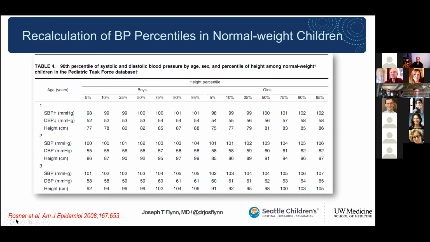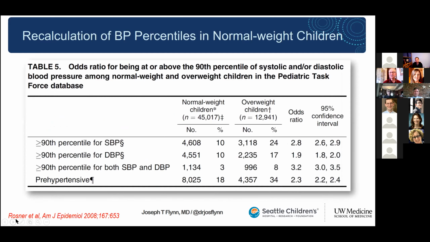And so they looked at all of the blood pressures in the database and showed that when you looked at the overweight children, in other words, children whose BMI is over the 85th percentile, the percentage of them who had elevated blood pressure was much higher than those in the normal weight group.